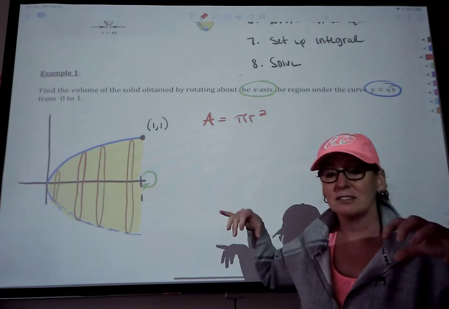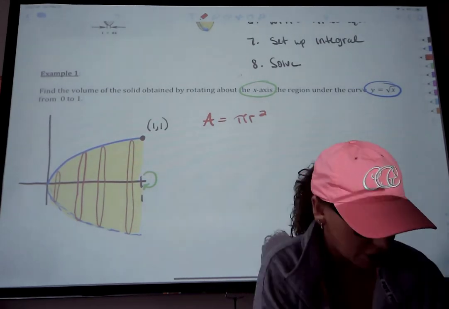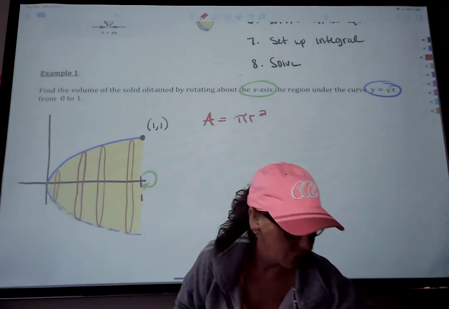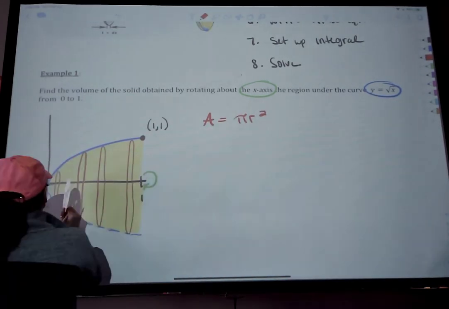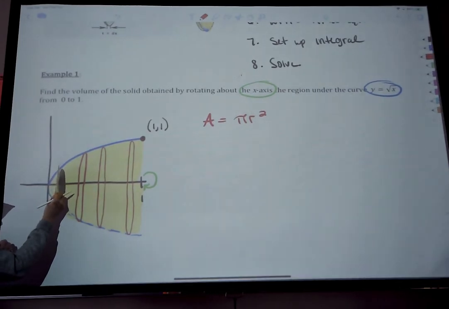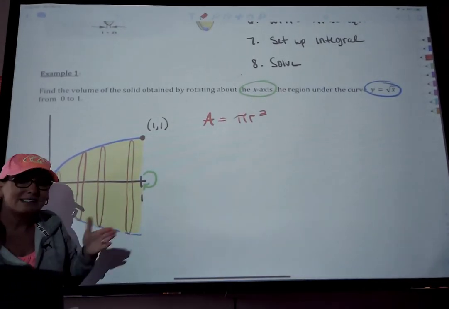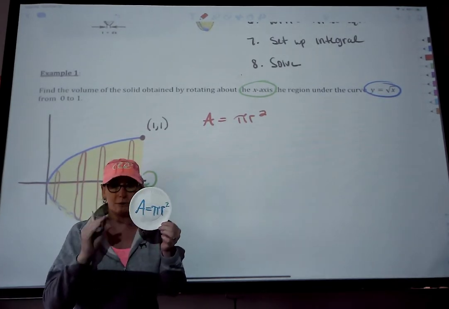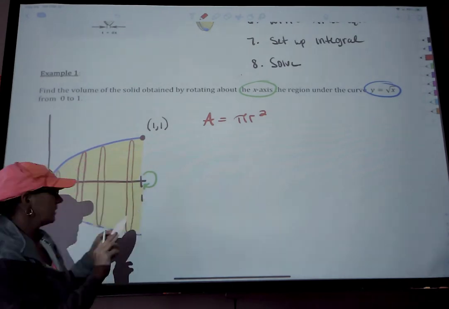Now, how do we customize that for this particular problem? Well, each circle is super thin. What does it look like when I take it out and look at it? It's a two-dimensional circle. Look at its radius.